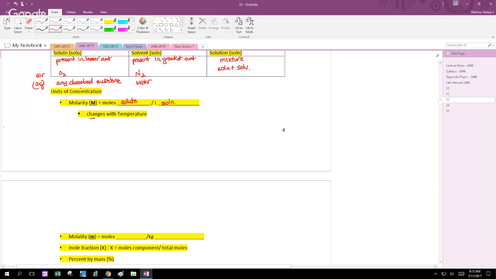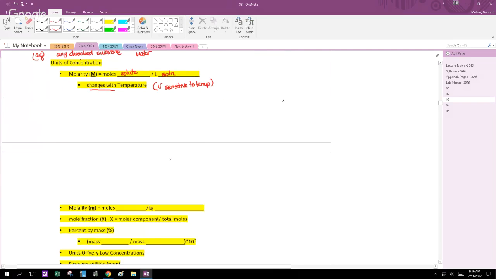Problem with molarity is that it changes with temperature because volume is sensitive to temperature. So while we like it, it's very convenient as long as we're working at a constant temperature. Most of our calculations for things where conditions might be changing involve other units of concentration. So most of the time your concentration is talking about how much solute there is to solution, but how they describe it is not always solute to solution.